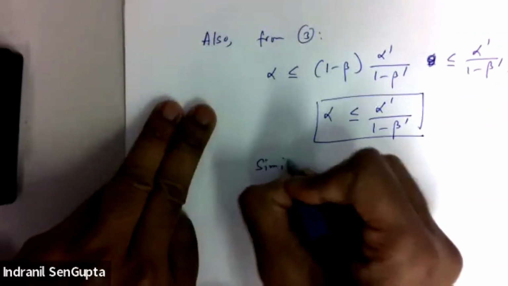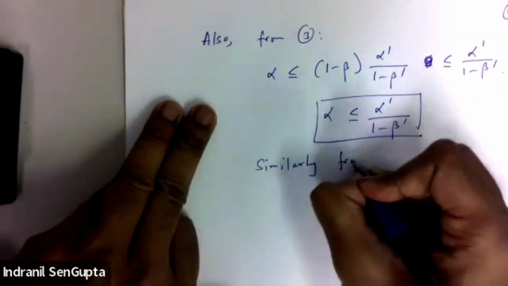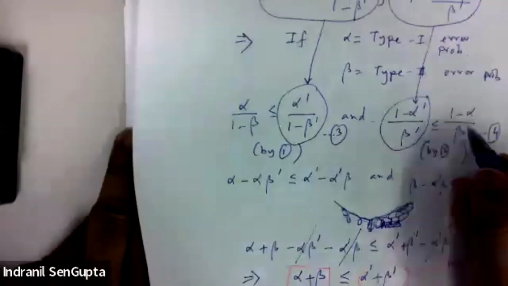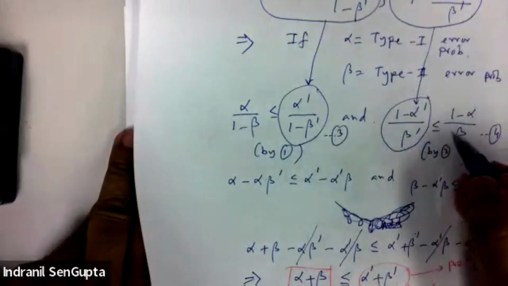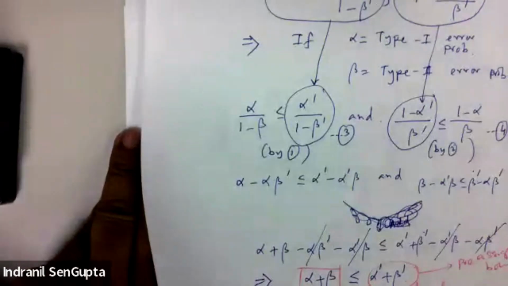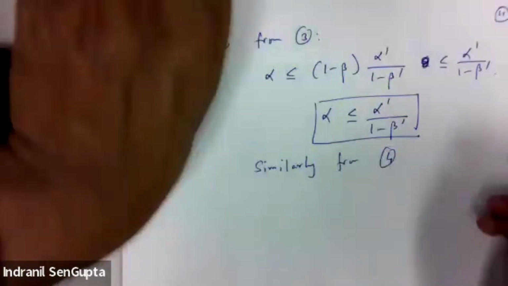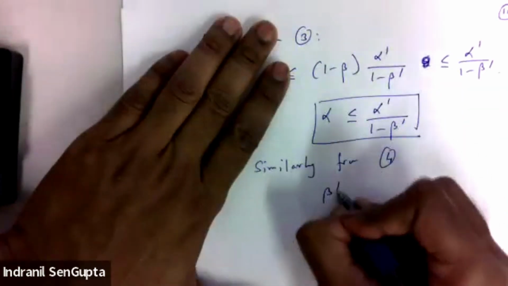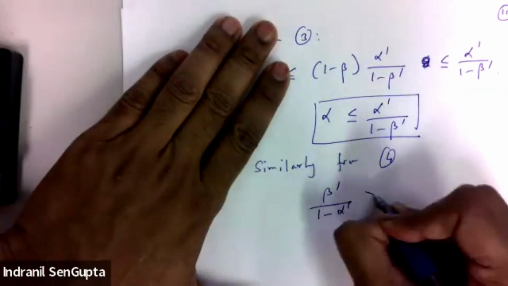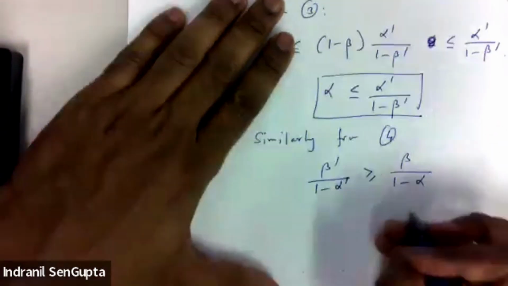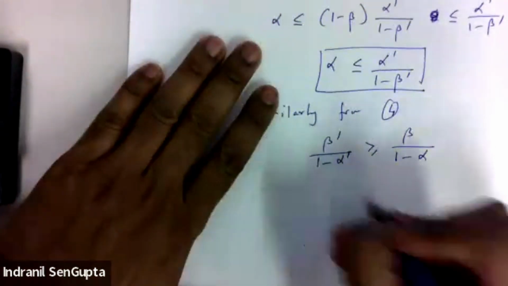Similarly, from 4, by 4 I mean this one, let's flip it. So beta prime over 1 minus alpha prime is bigger than beta over 1 minus alpha, and then multiply this.